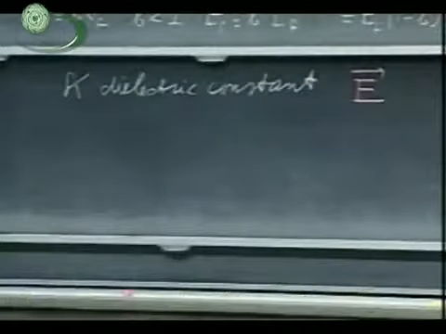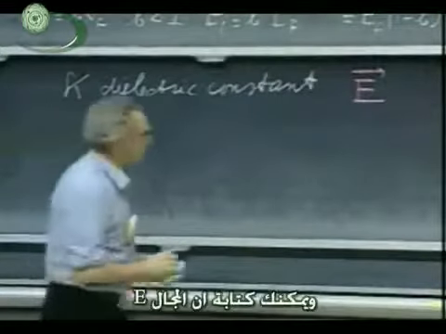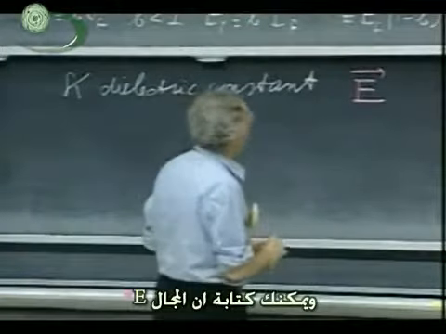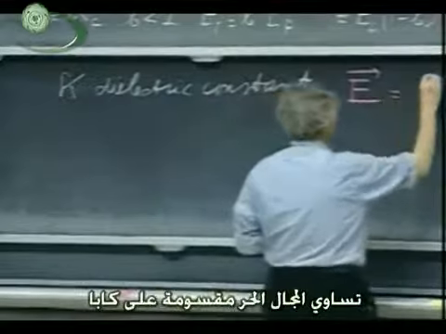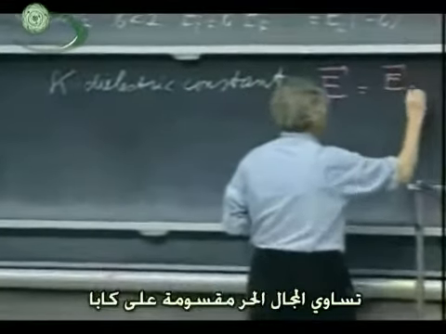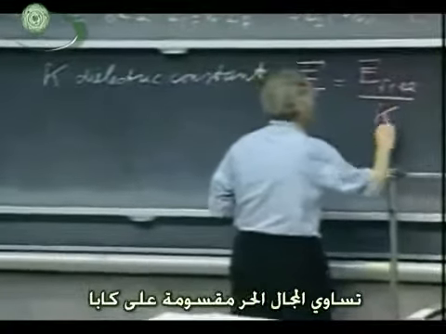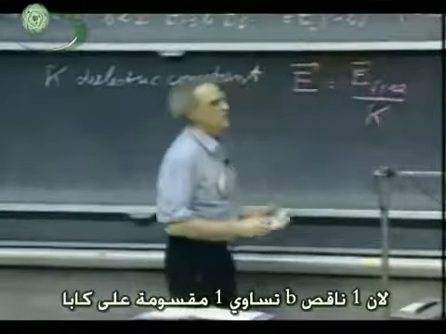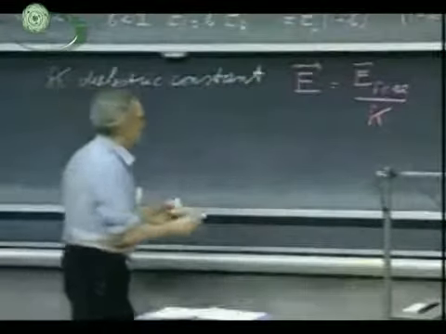From now on, whenever I write E, throughout this lecture, it's always the net electric field. It takes both into account. So you can write down now that E equals the free electric field divided by kappa, because 1 minus B is 1 over kappa.